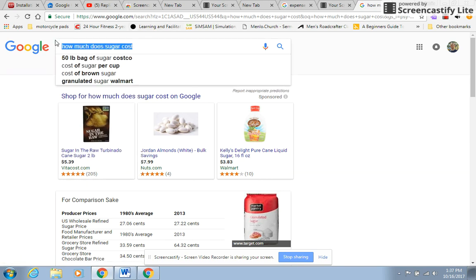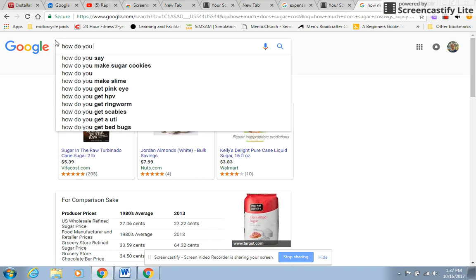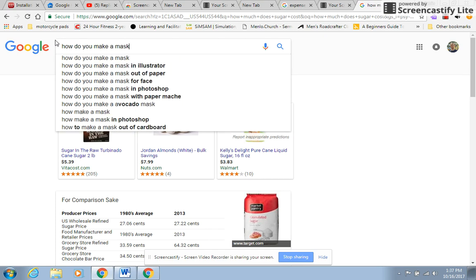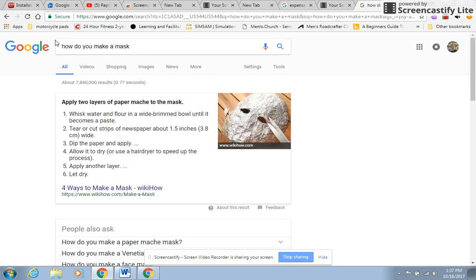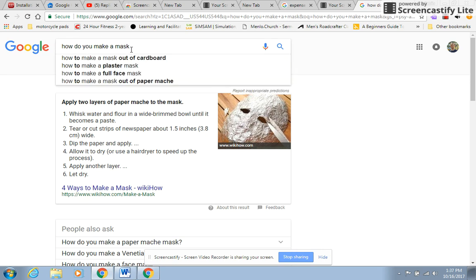Let's say you're making, how do you make a mask? So then there were different ideas. You might start to realize what materials you're going to need. Then you can check if they have them in the makerspace. Then you're going to figure out the ones that you don't have. You got to go back to Google and search how much they cost so that you know.